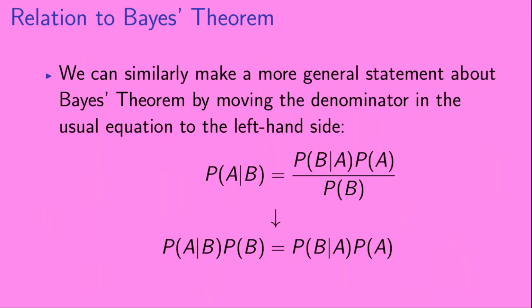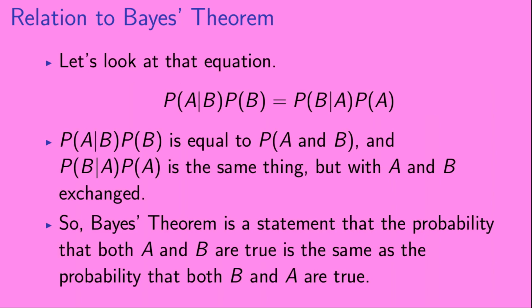Now, we can similarly make a more general statement about Bayes' theorem by moving the denominator in the usual equation to the left-hand side. So we take P of B in the denominator of the right side and move it over to the left side. So let's look at that equation.